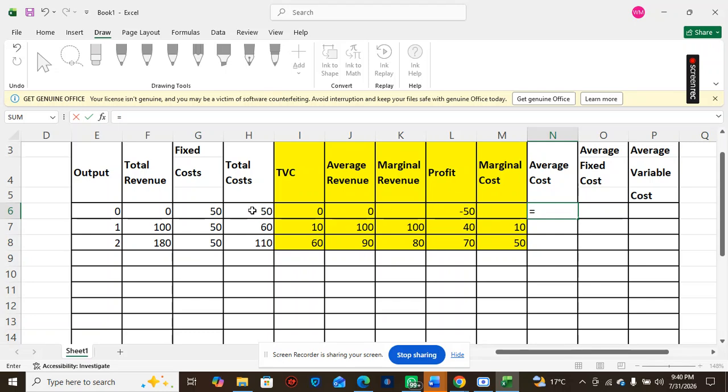So the total cost 50, output 0, the average cost here, the cost per unit, is 0. When we produce 1 unit, total cost 60, output 1 unit, that is 60 kwacha, the cost per unit. When we produce 2 units, total cost 110 divided by output 2, that is 55.